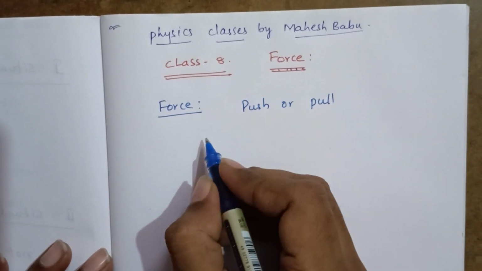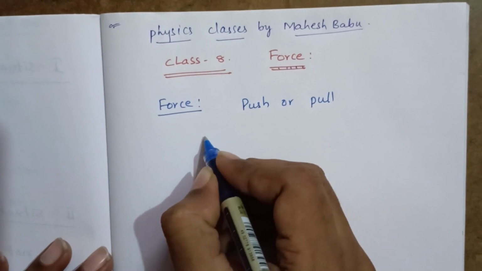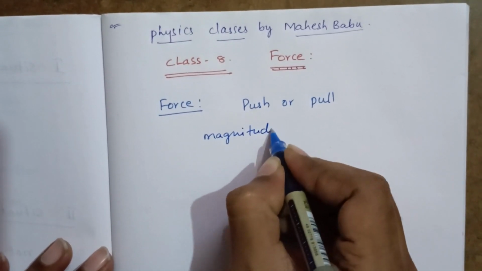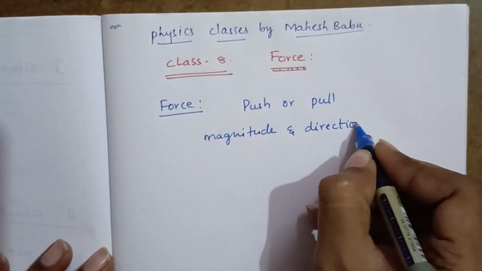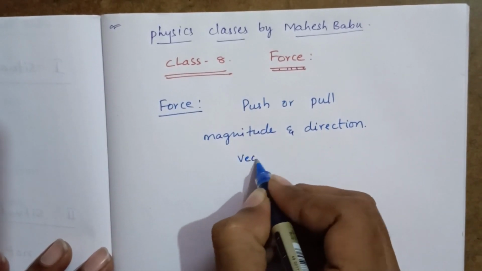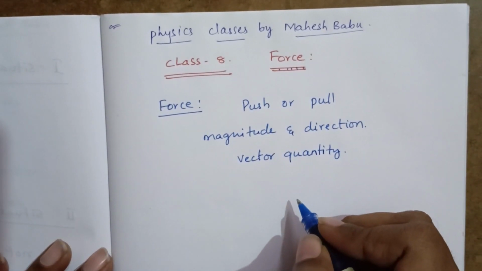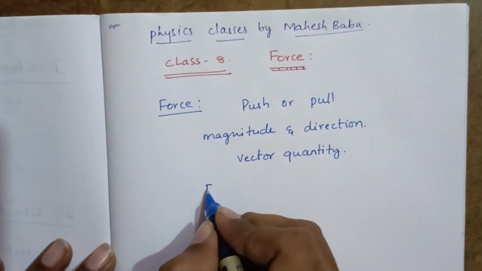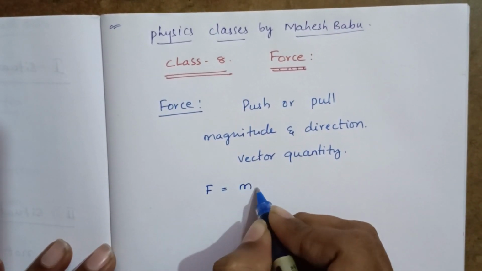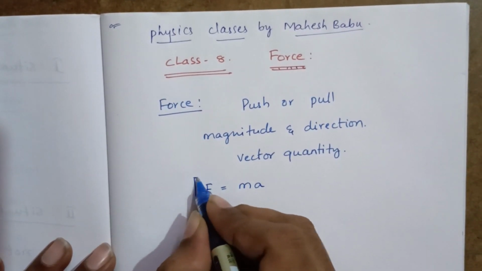As this force has both magnitude and direction, it is a vector quantity. Now force F equals mass into acceleration is the formula of force.